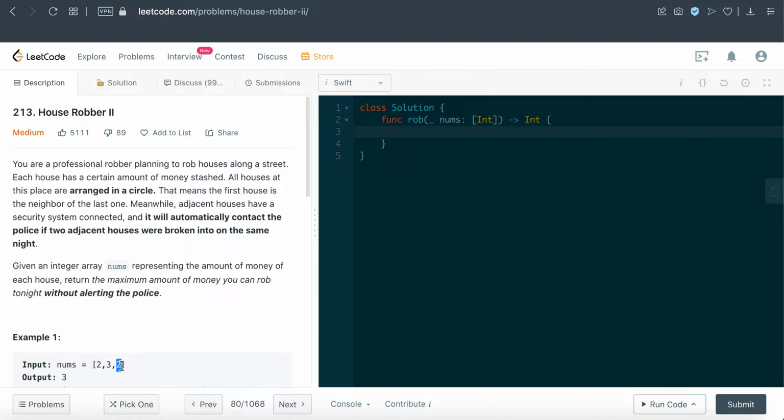The second set of houses ignores the first house and takes the remaining houses. That way we will never face the scenario of robbing the first house and the last house and alerting the police.